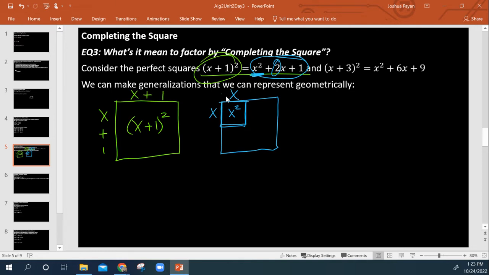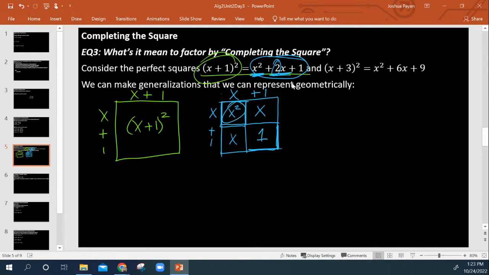And then if I cut this 2x in half, into just a 1, well, these rectangles formed would have an area of 1 times x, or just x. And x plus x, of course, is where we get the 2x from. And then right here, this guy has a length of 1, and so does this guy, and that's where we get just a 1 from.